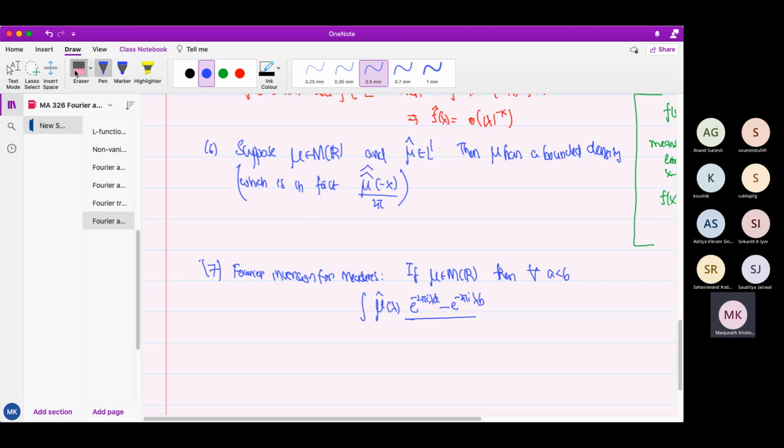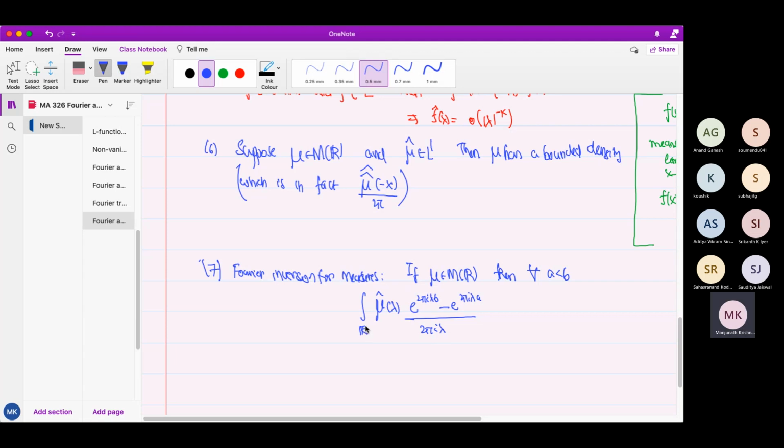There is no minus in the exponent. So it is e to the 2 pi i lambda b minus e to the 2 pi i lambda a, over 2 pi i lambda.